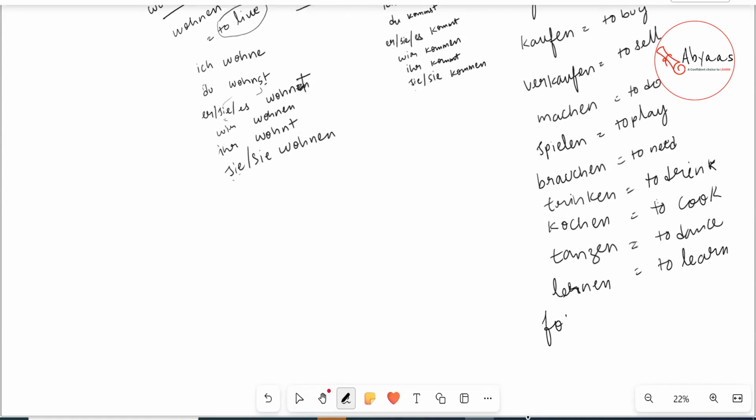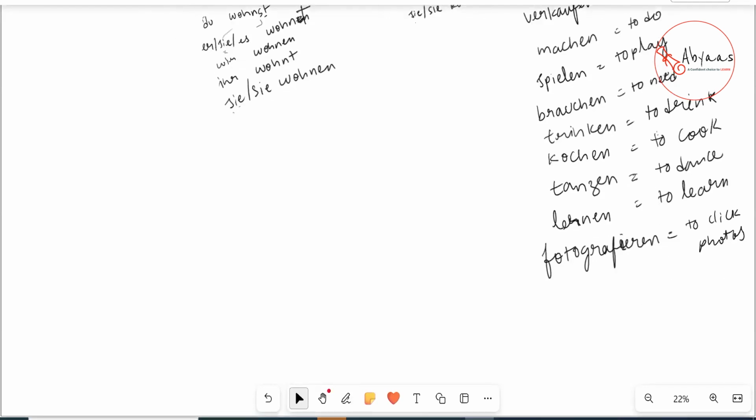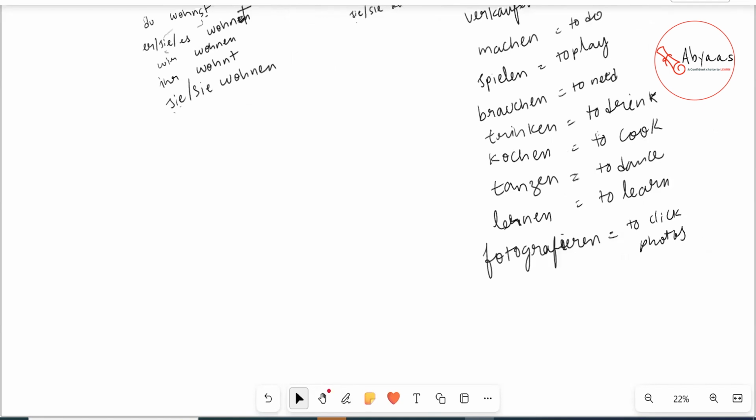If I say fotografieren, to take photos or to click photos. And that's a completely long word.